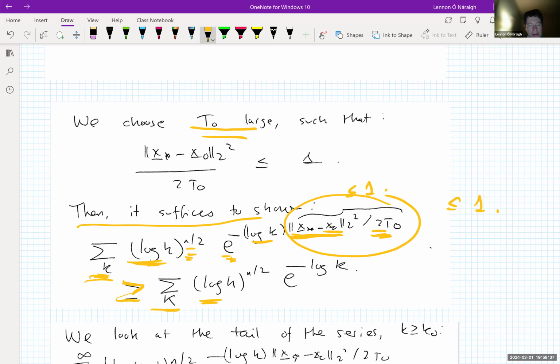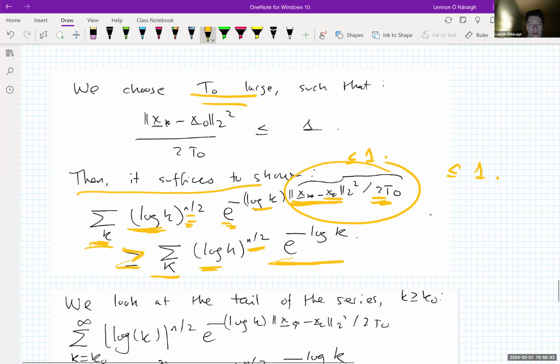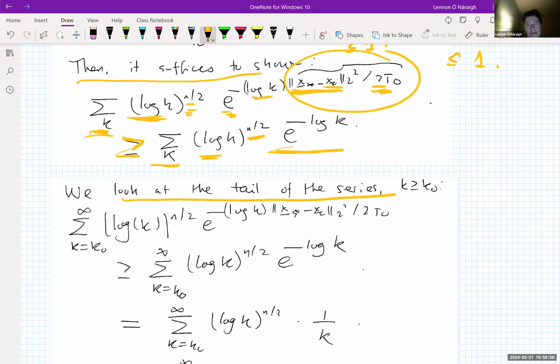This is greater than or equal to the sum over k of (log k)^(n/2) e to the minus log k. So we want to show that this is a divergent series. And if this is a divergent series, we can reason back up the chain to show the probability of the system entering the region R goes to 1. And indeed, it suffices to look at the tail of the series.